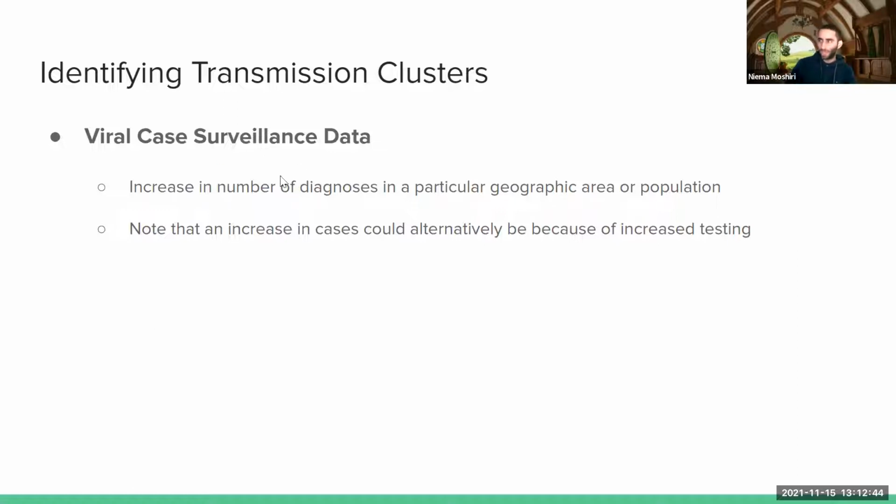So with viral case data, you have to be super careful that a growth in the cases you're reporting doesn't necessarily mean a growth in the infected population. It could be growth due to increased testing, so you just have to weigh those different factors.